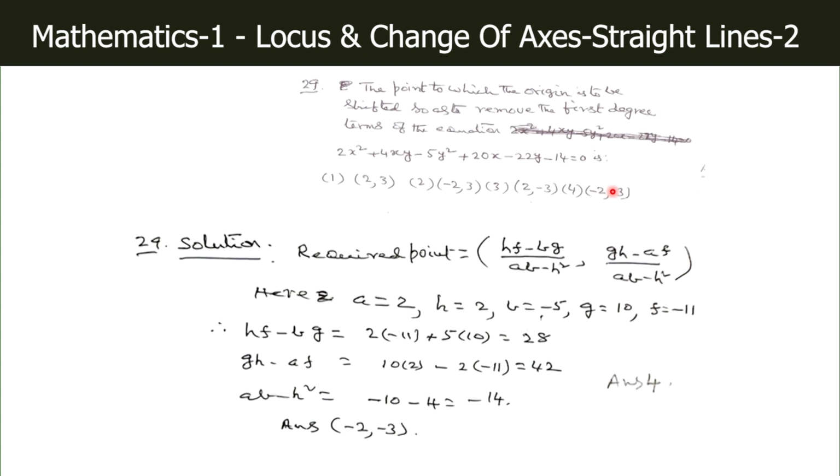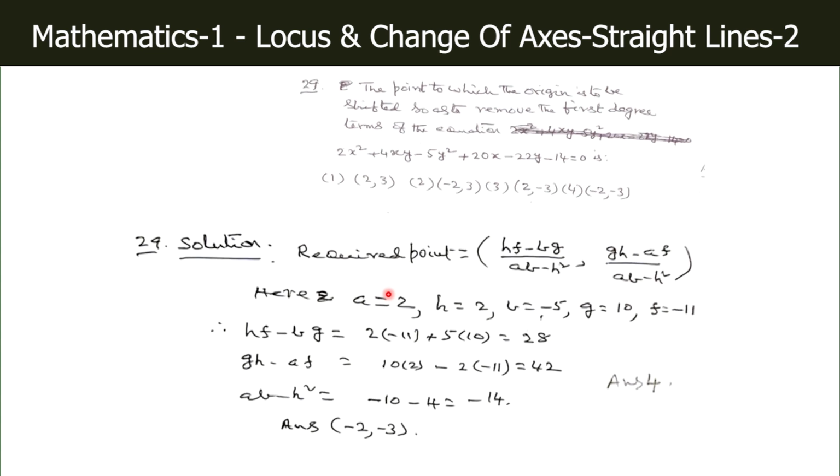Here, comparing with the second degree equation, we have a is equal to 2, h is equal to 2, b is equal to minus 5, g is equal to 10, f is equal to minus 11.